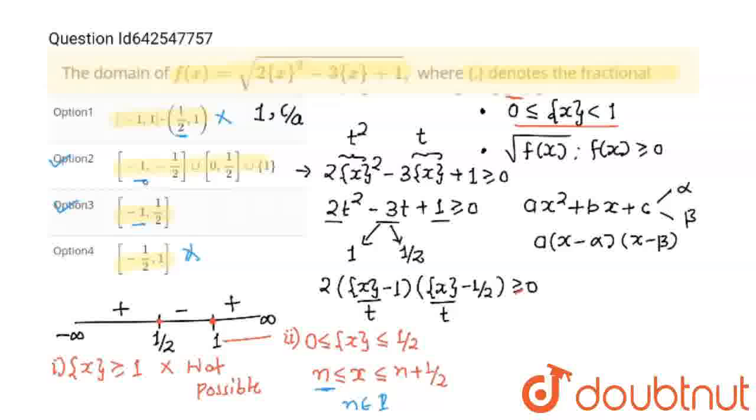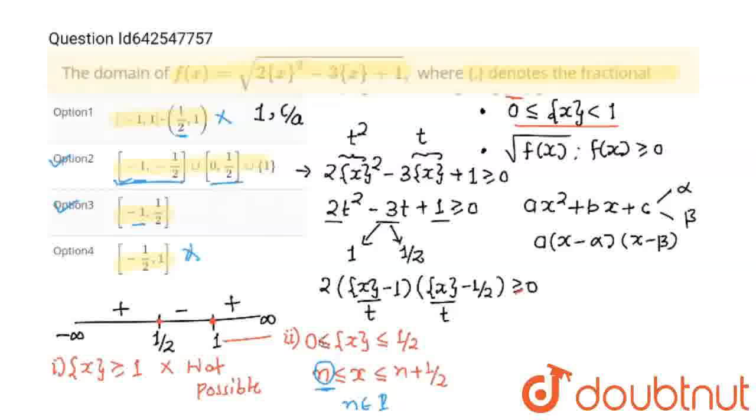Now we have to see these both. See, if we consider this n minus 1, so this n will be minus 1 plus 1 by 2, which will be minus 1 by 2. So this bracket is correct. Now this is 0. If we consider n as 0, then 0 plus 1 by 2 will be 1 by 2. So this is also correct.